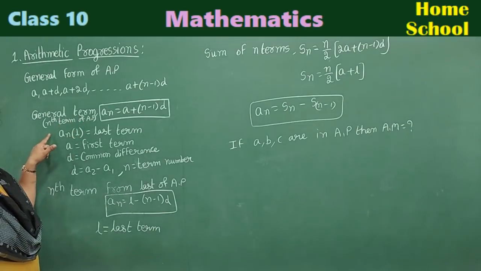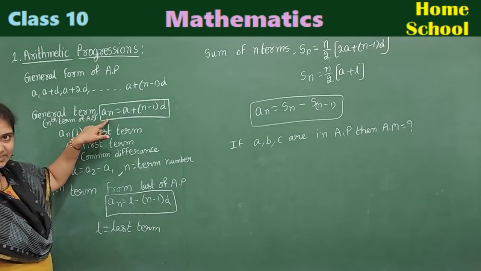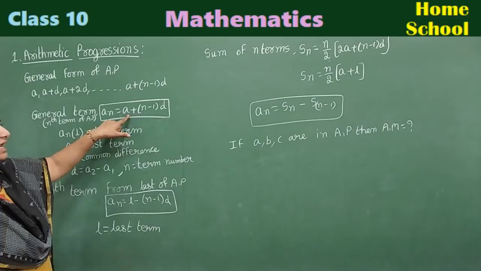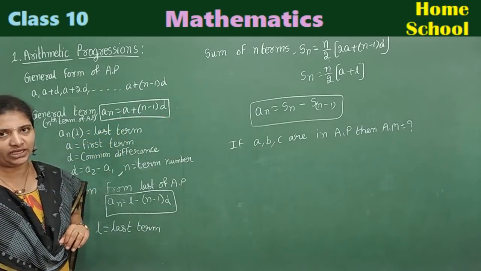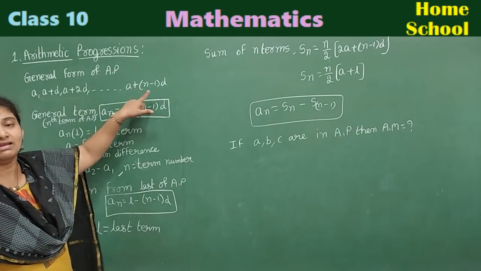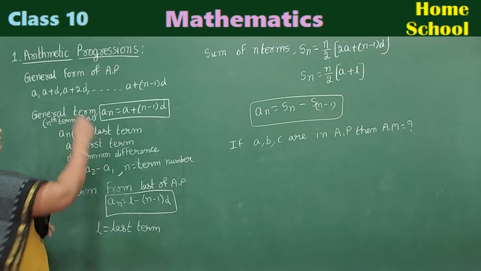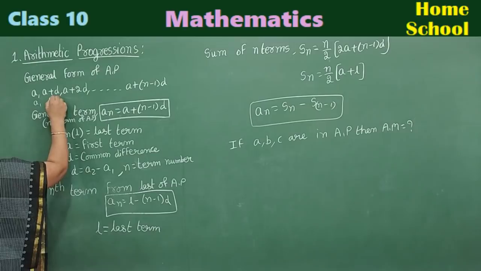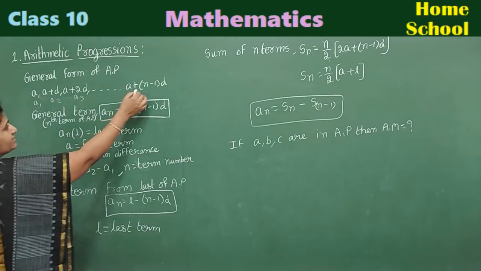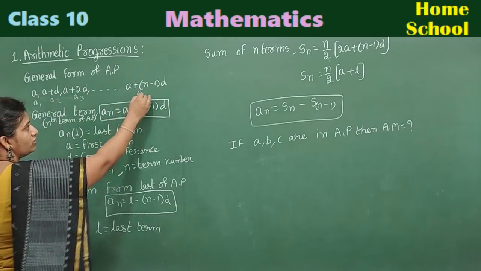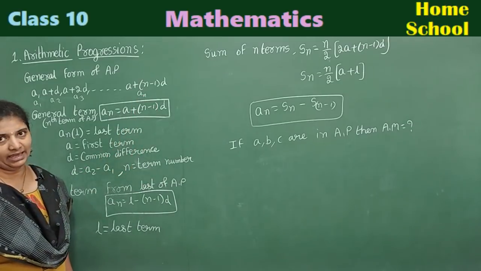General term or nth term of AP, that is An is equal to a plus (n minus 1) into d. Why is it An, the last term? What is the last term number? We don't know. Otherwise you can say A1, A2, A3, but we don't know which term this is, so we are saying it as An.